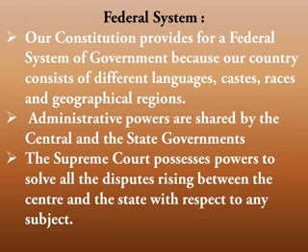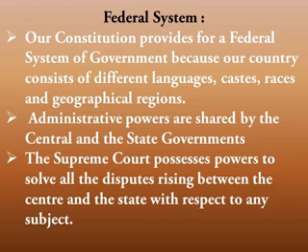Karnataka, Tamil Nadu, Andhra Pradesh, Telangana, Kerala, they are the autonomous states, and we have a center as well as the states. So this system is called a federal system.